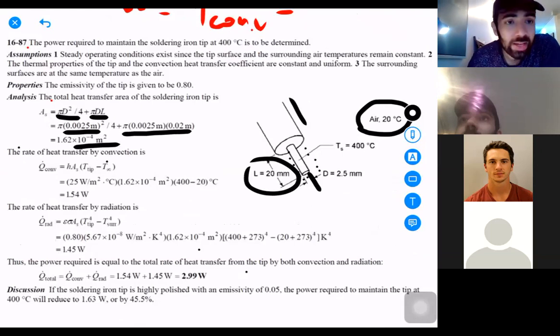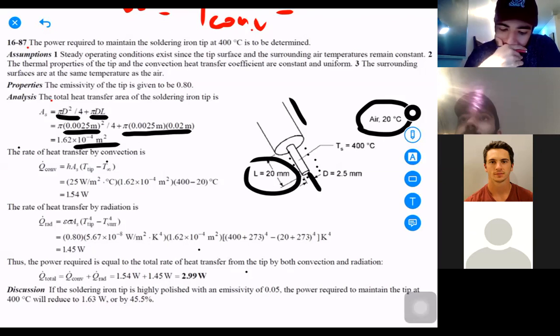In that table, you can find the convection constants of different fluids, by which I mean liquids or gases, at different temperatures or different specifications.